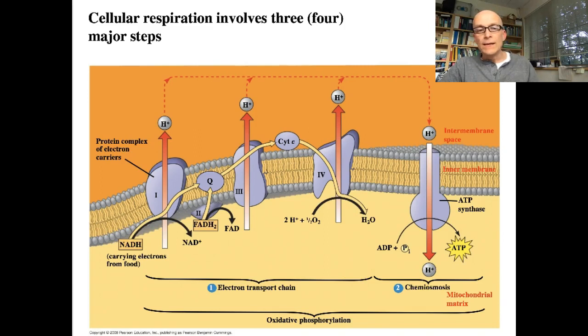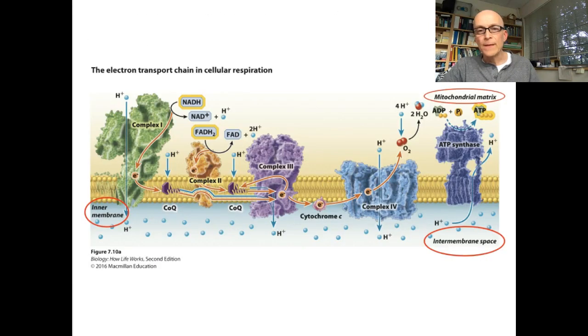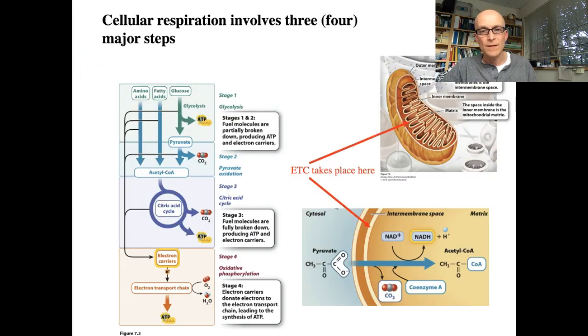So now let me show you what your book has. And the first thing I need to point out to you is that this is upside down compared to the previous picture. So here the intermembrane space is on the bottom and the mitochondrial matrix is on the top. Of course, that doesn't matter where it is, right? The mitochondrion itself looks like this.